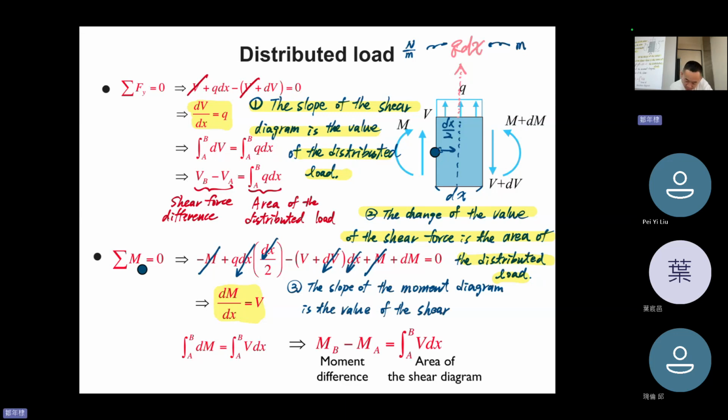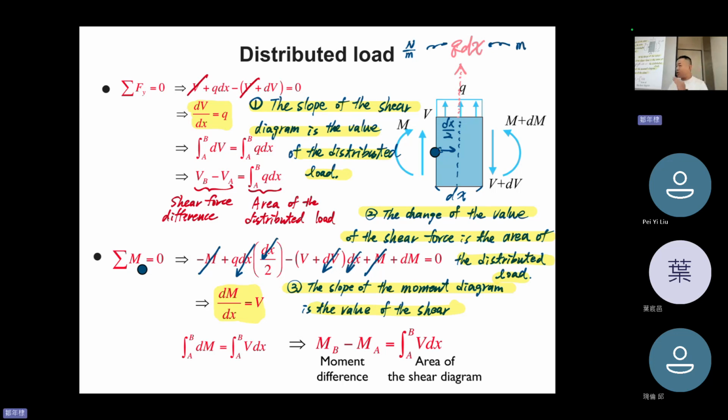Very important. Your moment diagram slope is the force value. So now you can see how the shear and moment are correlated, right?